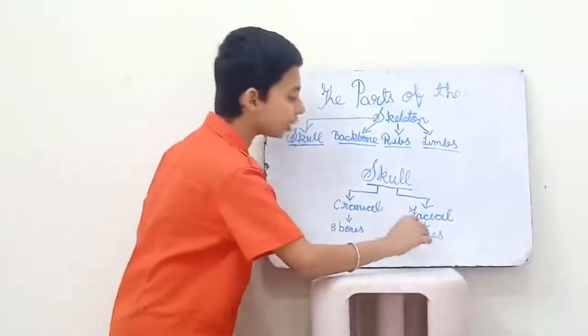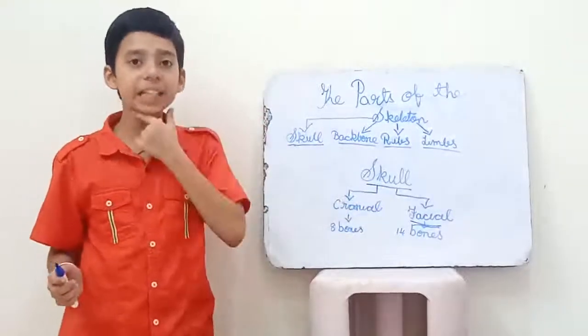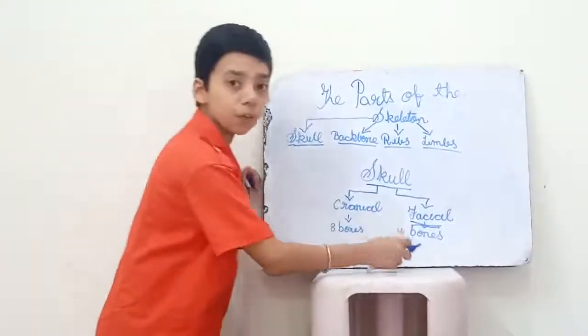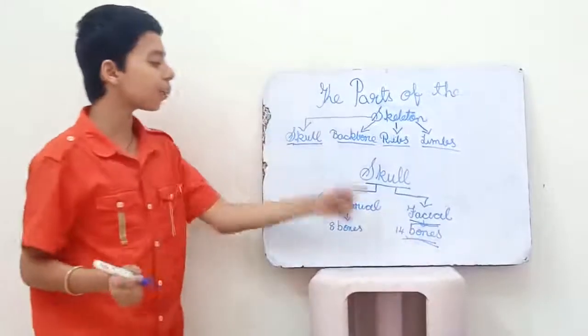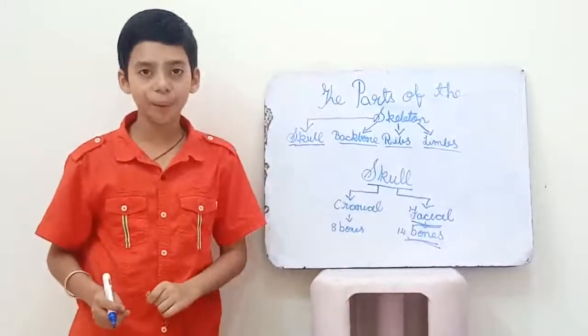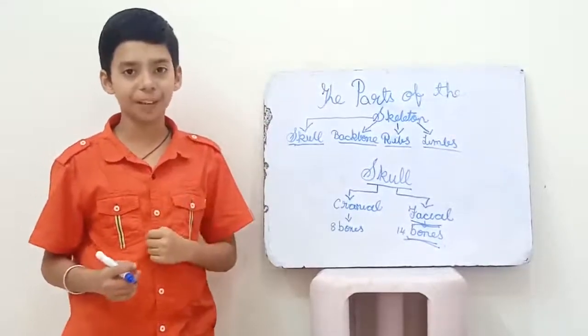Now the facial bones. The facial bones, that is in our face alone, there are 14 bones. These 14 bones are facial bones. Now let's know about those 14 bones one by one.